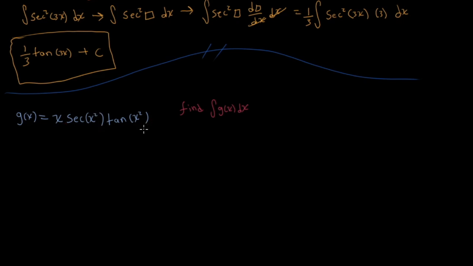So the way we can look at it is this. The integral of secant of something times the tan of that same something, times the derivative of that something with respect to x, dx, is equal to the secant of that something plus our constant c.